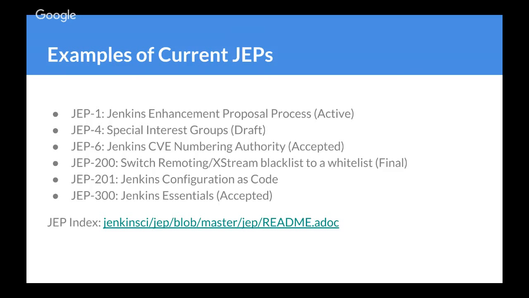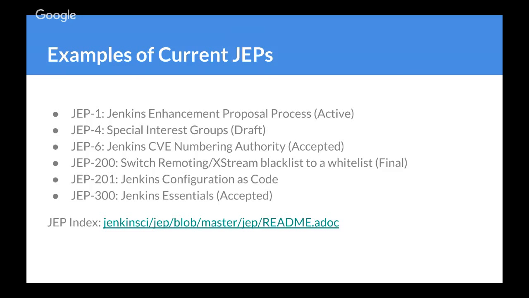Let's see what else. JEP 200. This was a huge effort, and this is a good example of something that might have been done in one Jira or something, and a bunch of email lists. Oleg Nenashev and Jesse Glick, if I remember correctly, were the major contributors to this.